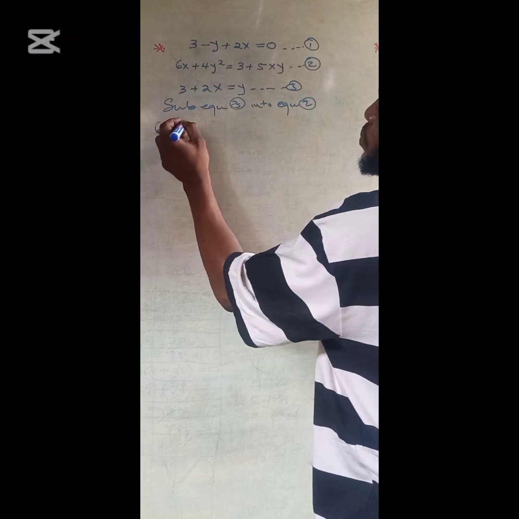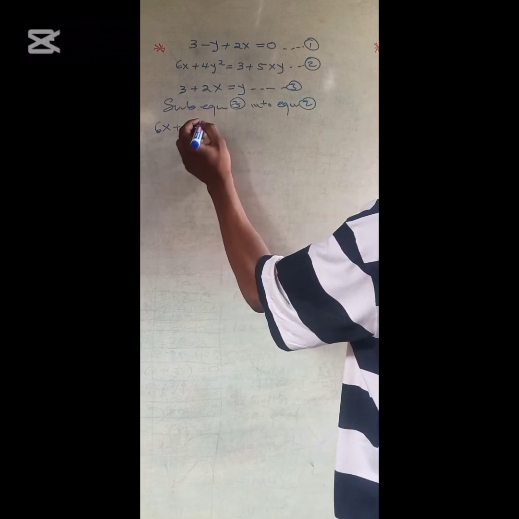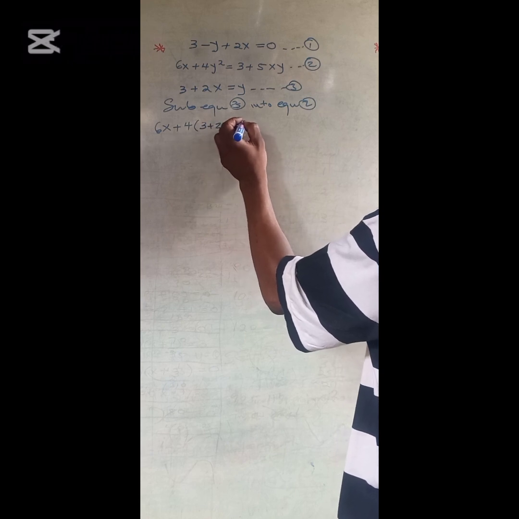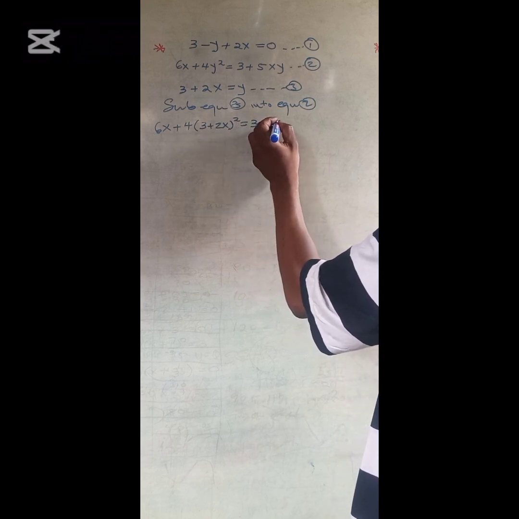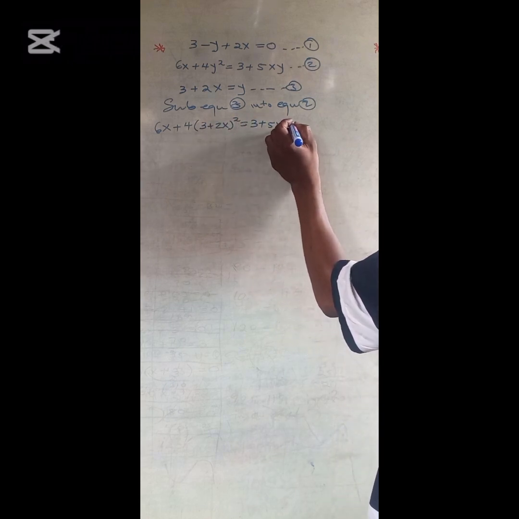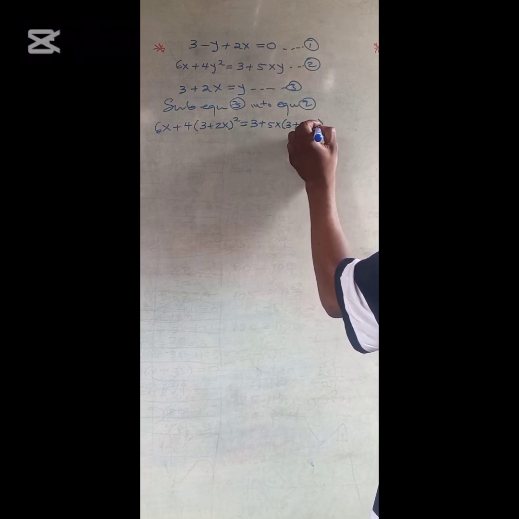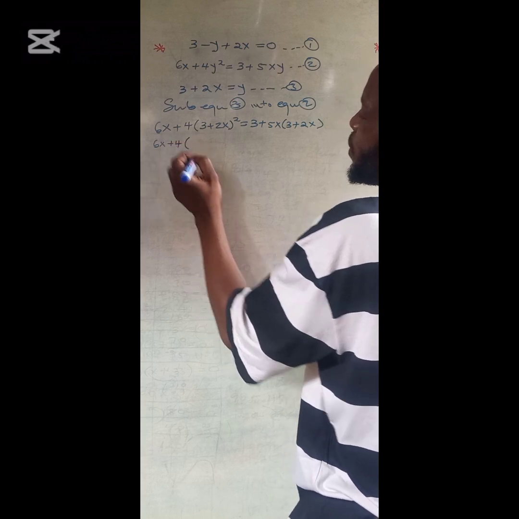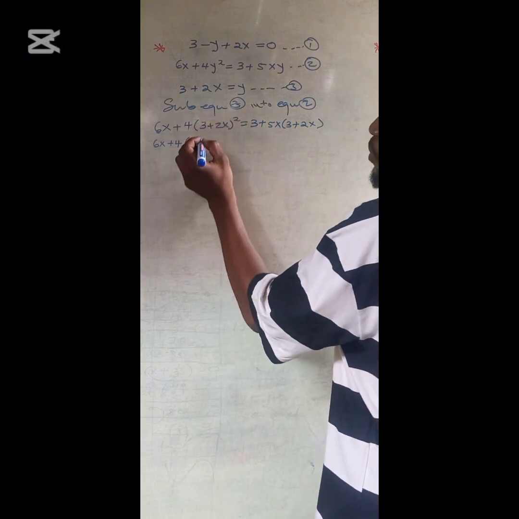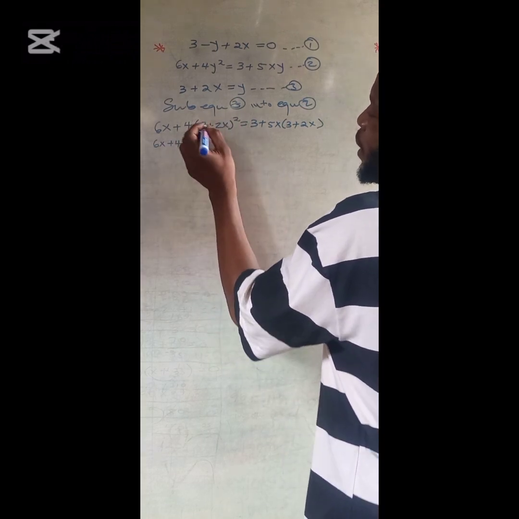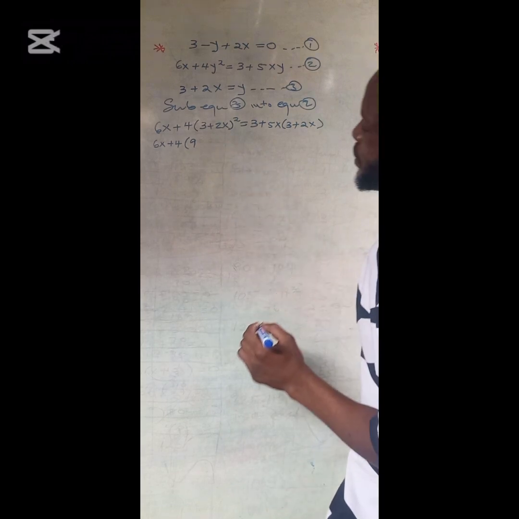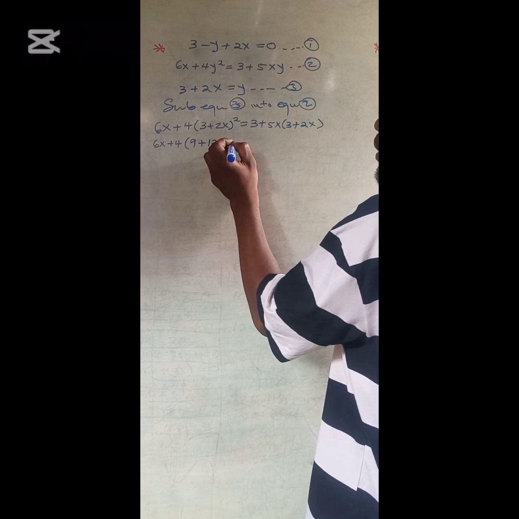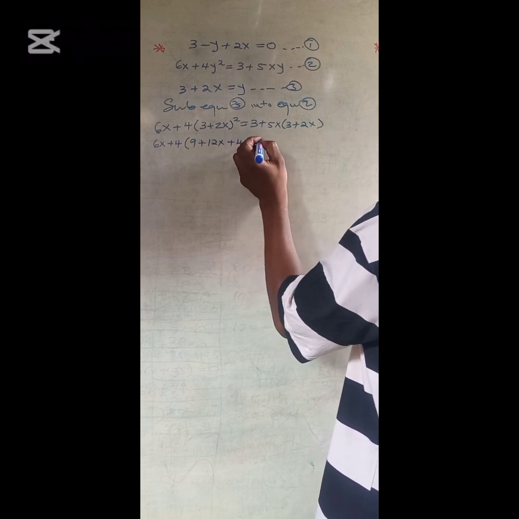So we go to equation 2. Wherever we see y, we put 3 plus 2x. It had a square: 3 plus 5x into 3 plus 2x, right? So now we have 6x plus 4 into, we use inspection, square the first, 3 squared is 9, multiply together, 3 by 2x is 6x and double, that would be 12x, we square the last, that would be 4x squared.